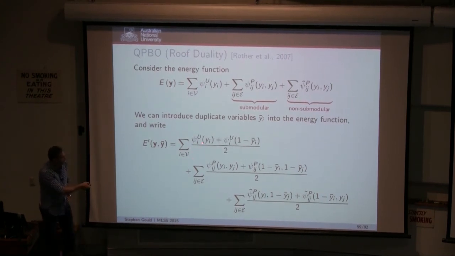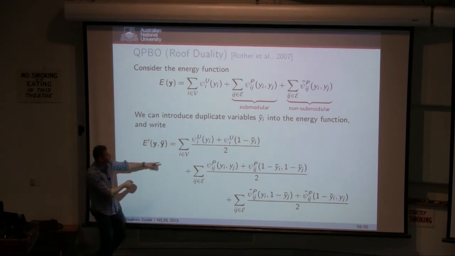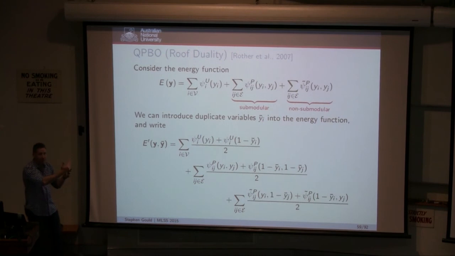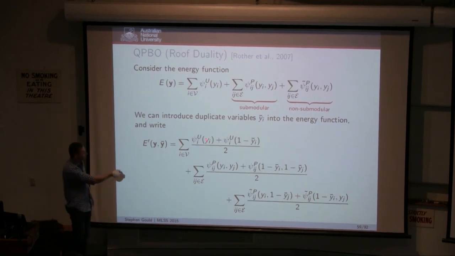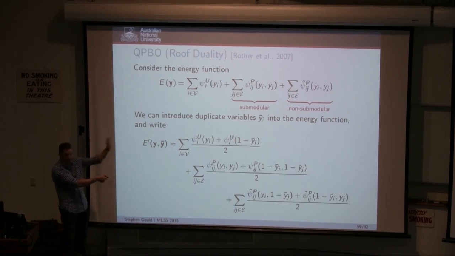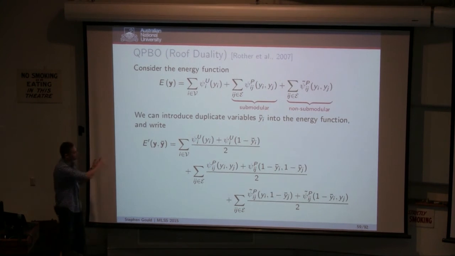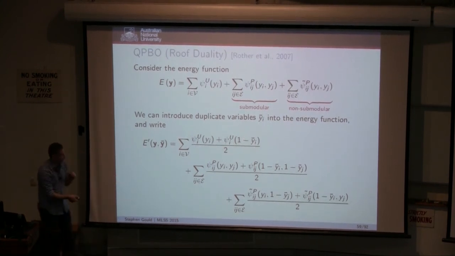And so what I've done is I've just split the various potential functions into two parts, one which takes the original variable and one which takes its negated copy. And so 1 minus the negation is the same as the original variable. And I'm putting half the potential value in one and half the potential value in the other, which is why I divide by 2.